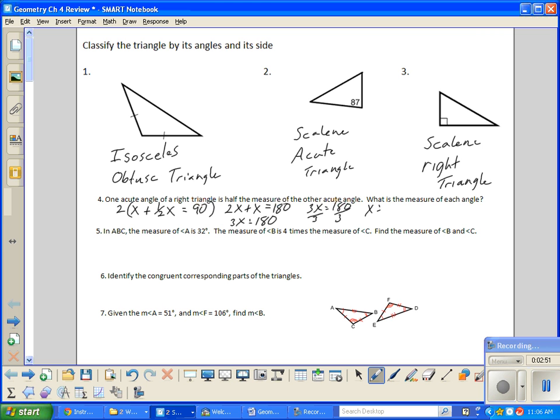So we get x is equal to 60. So that's one of our angles. The other angle is half of x, or half of 60, which would be 30. So our two angles are 60 degrees and 30 degrees.